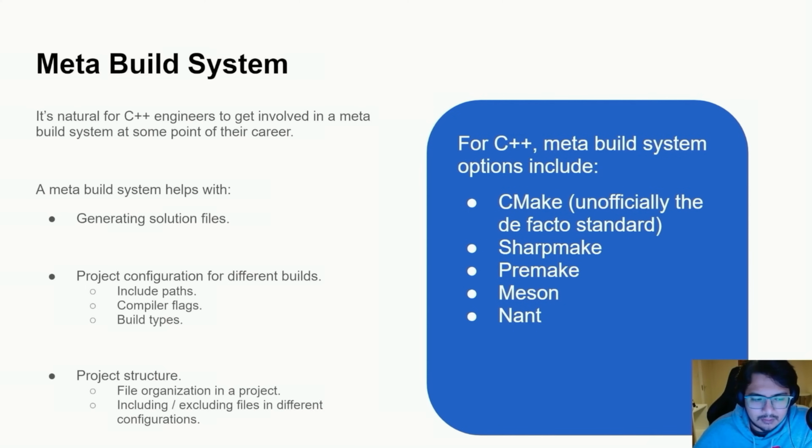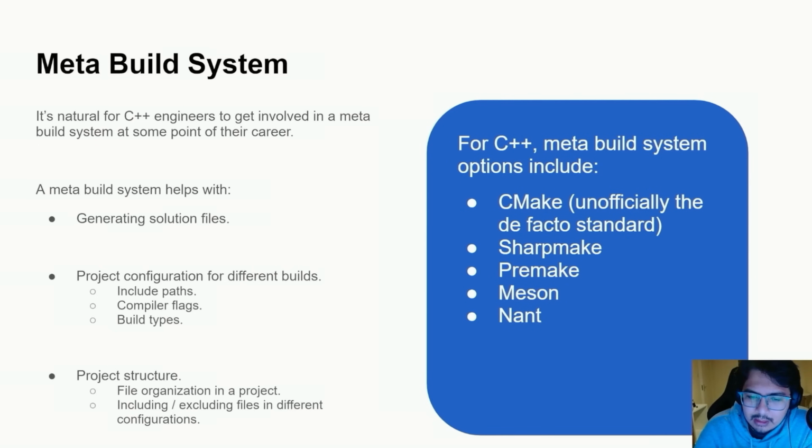With a meta build system, it allows us to include certain files or even exclude certain files from different configurations, right? We can introduce a configuration that is specific to a platform, and inside of the script, we can detect what configuration we're on. And also with that, we can include different files into our project. So for C++, we have a few meta build systems to choose from.